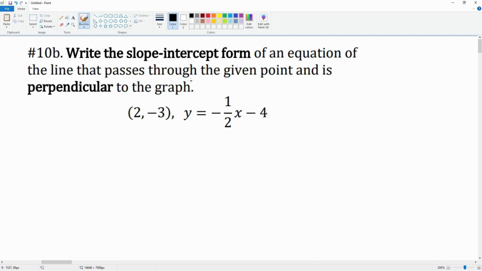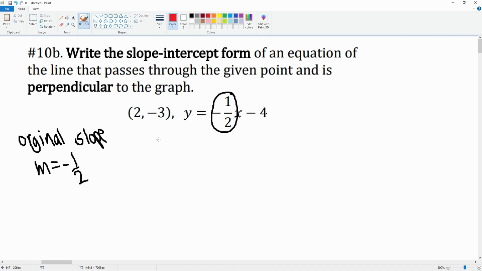We want to write an equation that is perpendicular to this equation and passes through that point. First of all, let's find the original slope. The original slope here is right in front, so m is equal to -1/2. Now you want to find the perpendicular slope by getting the opposite reciprocal.